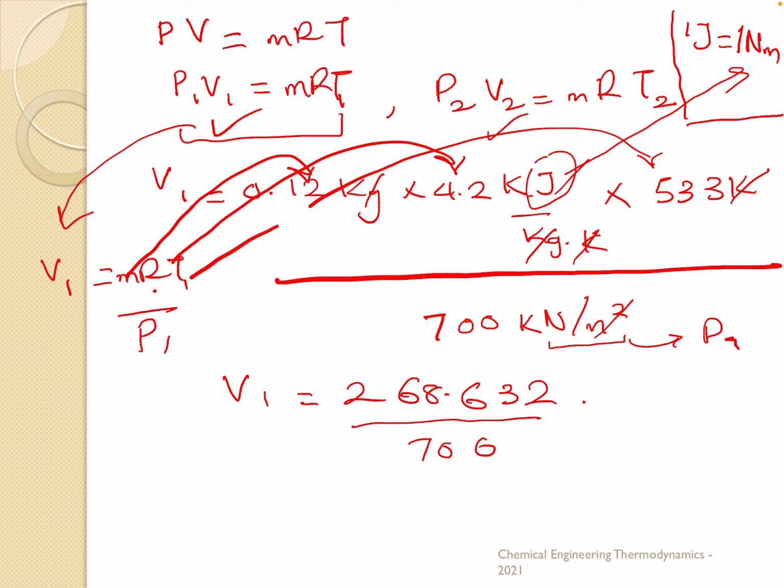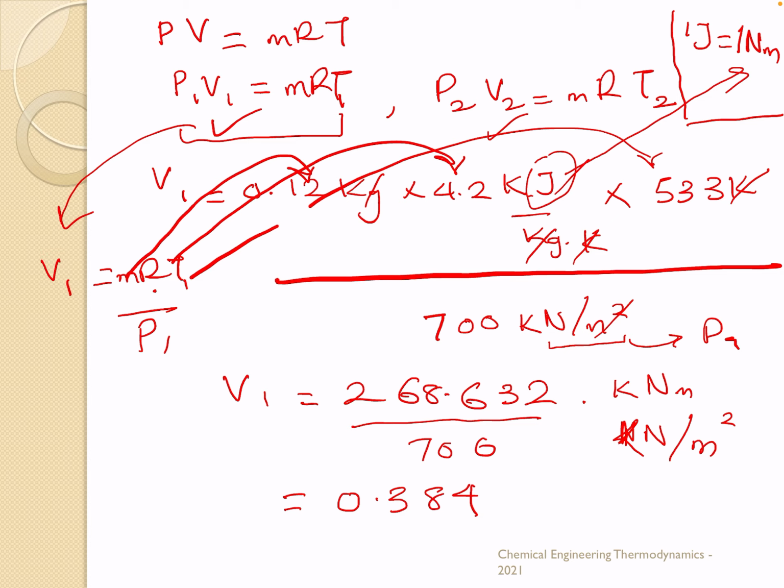And then that should give us kilonewton meter over kilonewton per meter squared, which should give us 0.384.